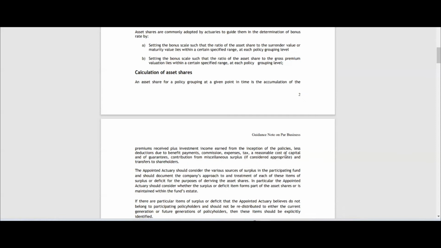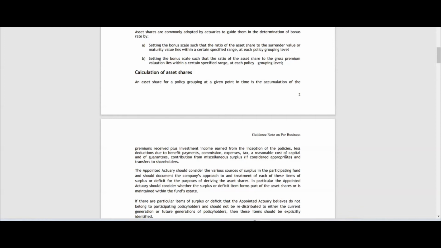There might even be surplus from tax: overall the company may be in loss, but the participating fund may be in profit. Because the participating fund is in profit, you are deducting tax, but because the company as a whole is in loss, you are not required to pay tax, and that tax benefit might be added back, which creates surplus, right?